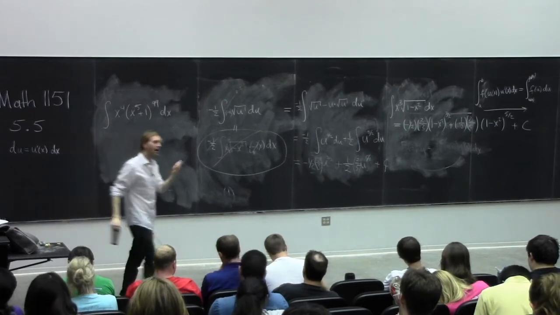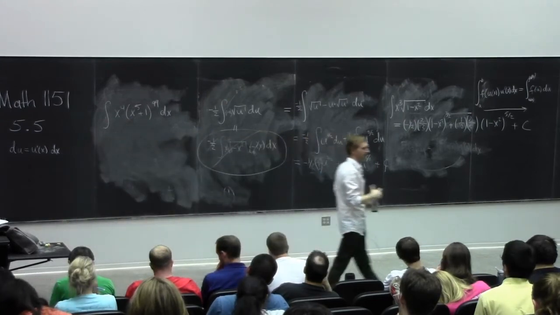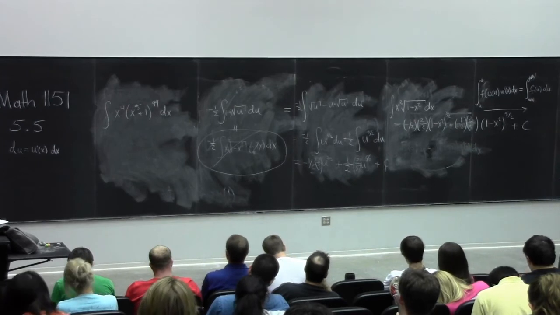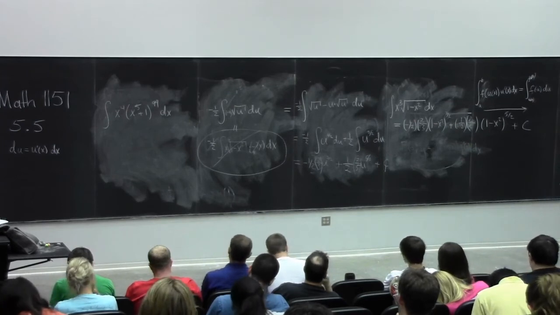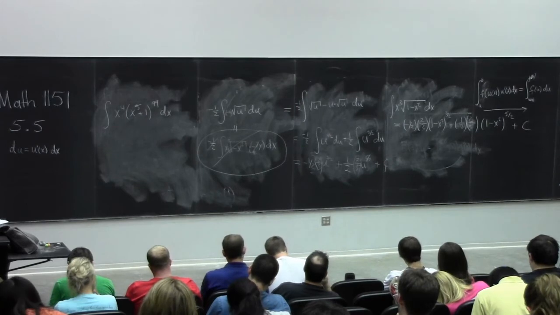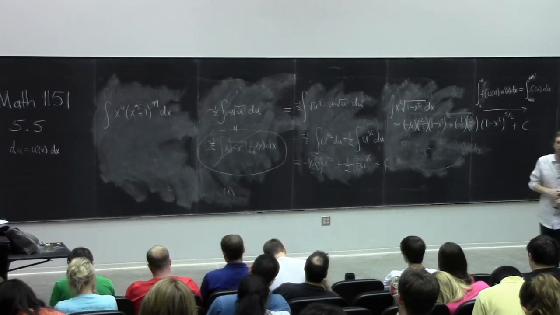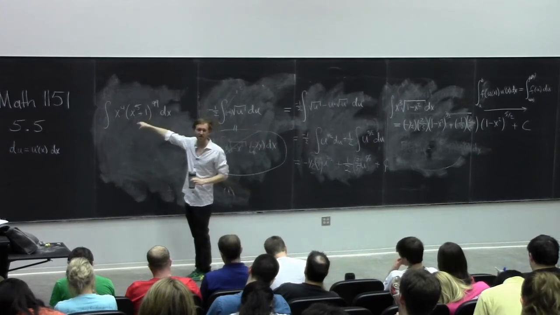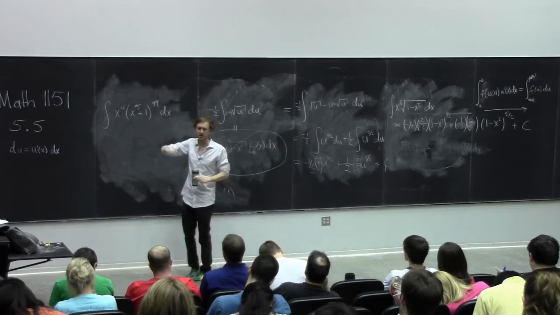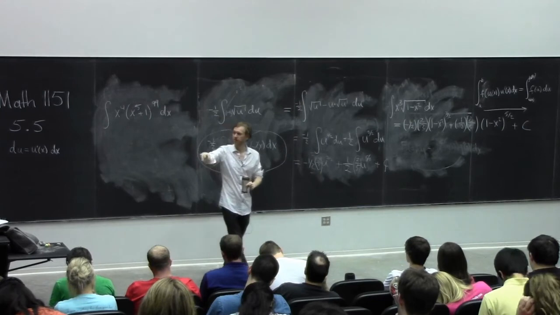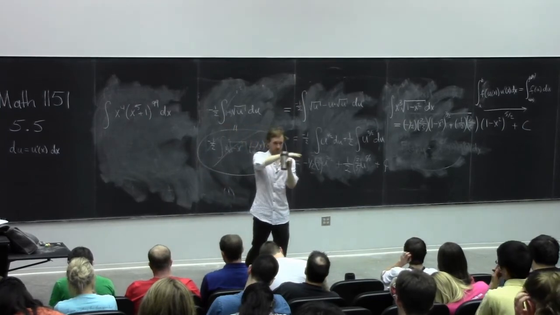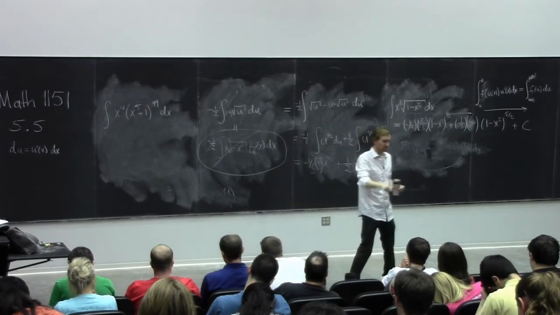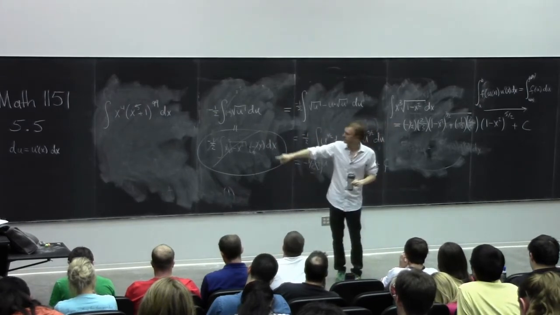Does anybody know why we put a 99 in there? That's picked for a reason. If it was a small number, like a square, there's a really easy way to do this. You just expand everything out, because integrating polynomials term by term is really easy. You just use the power rule.